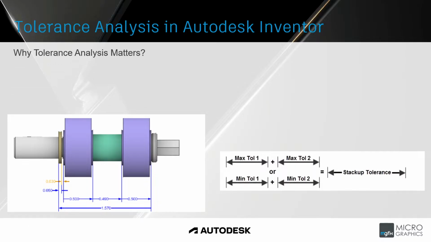Now, why does the tolerance analysis matter? When we think about the manufacturing process, we all know that it's never perfect. We've got variations in materials, tooling, and assembly that lead to small dimensional differences. And that is even so if we think about the limits and fits.